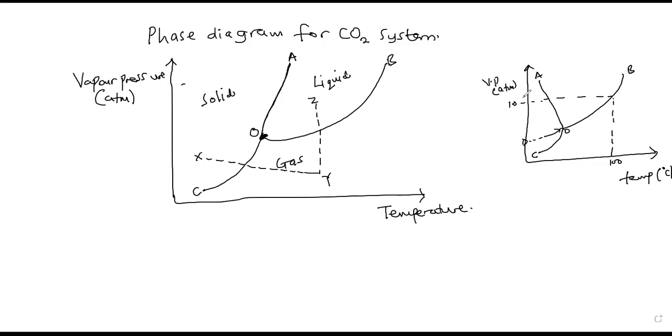Now, these two are different in that for this case, line OA slopes away from the vapor pressure axis, while here, it is coming to the vapor pressure axis.